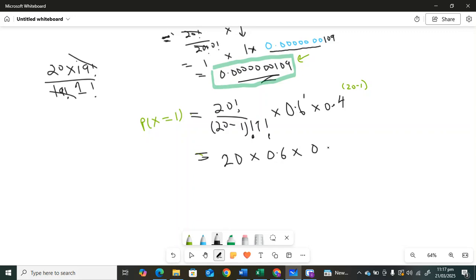Okay, another 8 zeros. And my hand is hurting now, drawing all these zeros. 1, 2, 3, 4, 5, 6, 7, 8. Then 274. So let's multiply 20 times 0.6 times this number. What do we get?